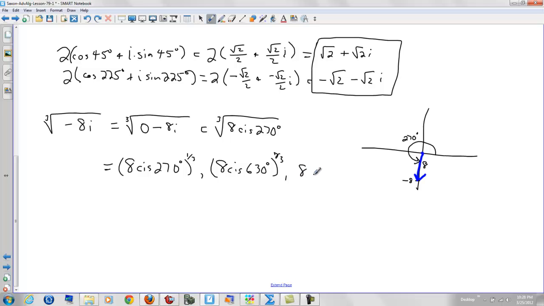And the third representation, remembering that if we go beyond 3, we're going to just repeat the same ones over and over again, as we saw in the last example. So 8 cis, if I add 360 to that, I get 990 degrees.